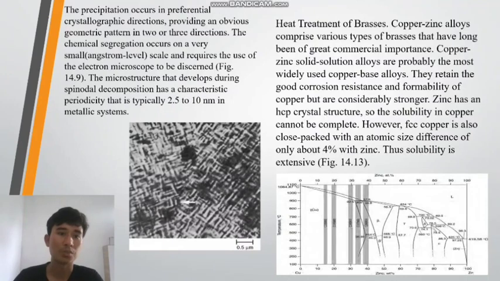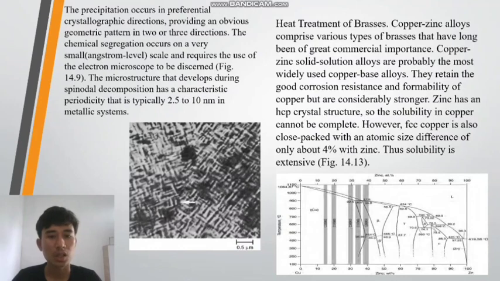Heat treatment of brasses. Copper-zinc alloys comprise various types of brasses that have long been of great commercial importance. Copper-zinc solid solution alloys are probably the most widely used copper-based alloys. They retain the good corrosion resistance and formability of copper but are considerably stronger.